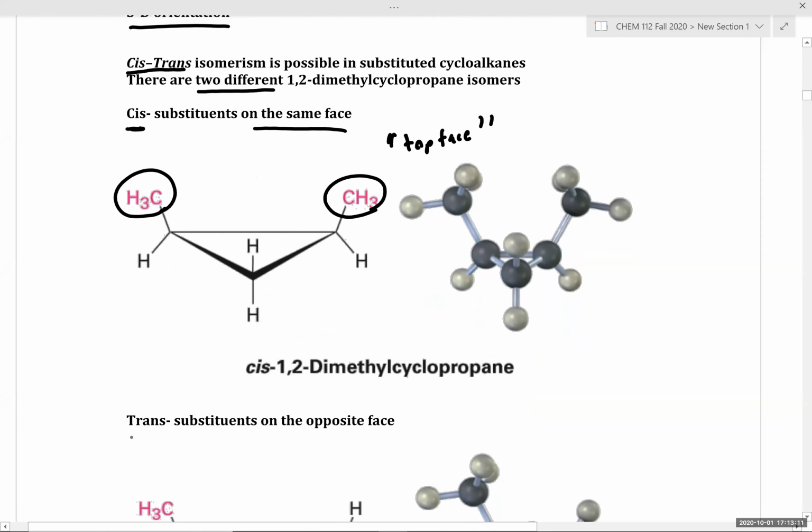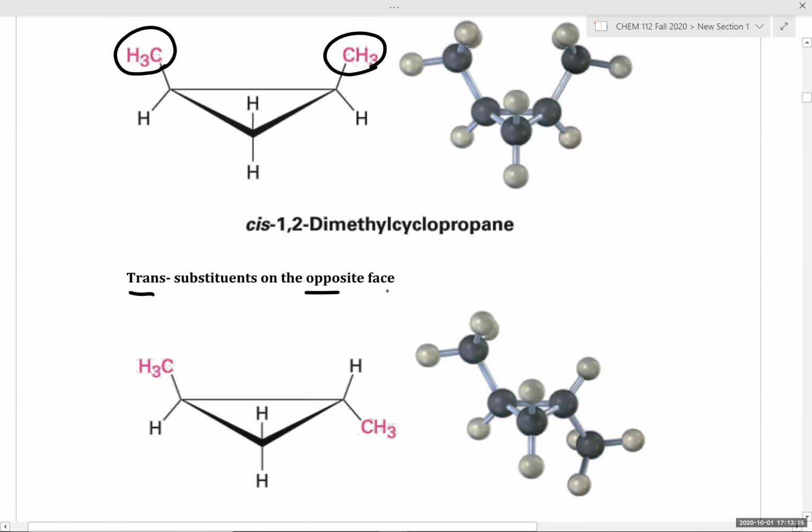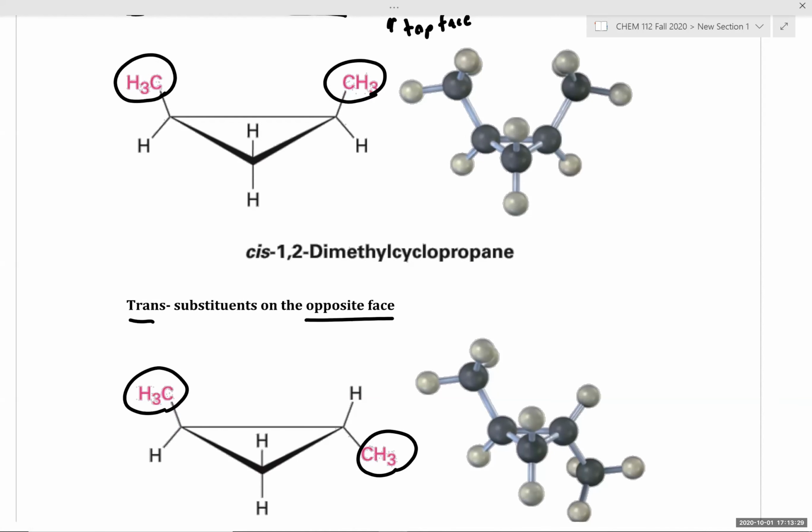Likewise, the trans isomer has the substituents on the opposite face. So we have one of our methyls pointing up, the other methyl group pointing down. And as you can see, do these two molecules have the same shape?